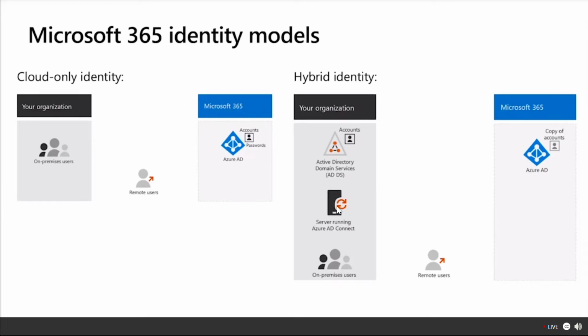This means that changes you make to ADDS user accounts are synchronized to a copy in Azure AD. But changes made to cloud-based accounts in Azure AD, such as a new user account, are not synchronized back to ADDS. When you implement hybrid identity, your on-prem ADDS is the authoritative source for account information.